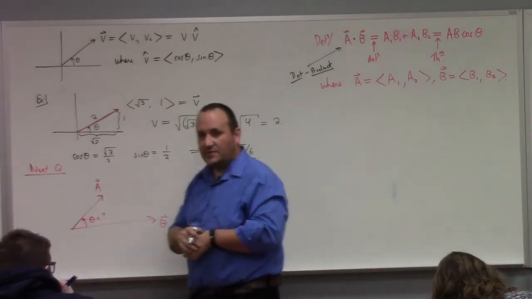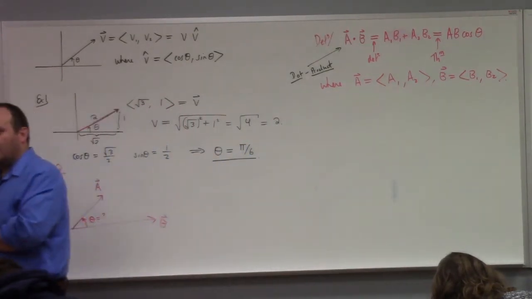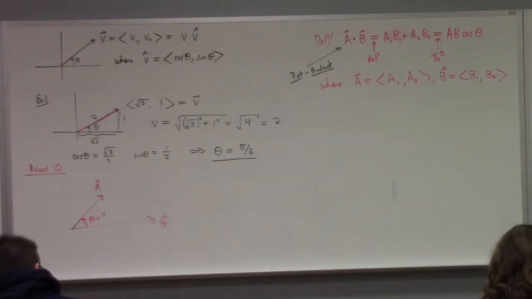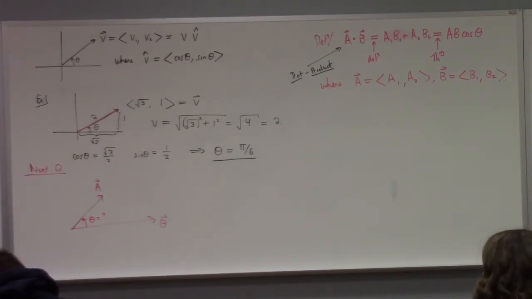It's also sometimes called the scalar product because the dot product is a number. What this number represents is, let's say it this way, the bigger the dot product is, the more in line A and B are. So if A and B are straight up parallel, pointing in the same direction, the dot product is just the product of the magnitudes of the vectors.